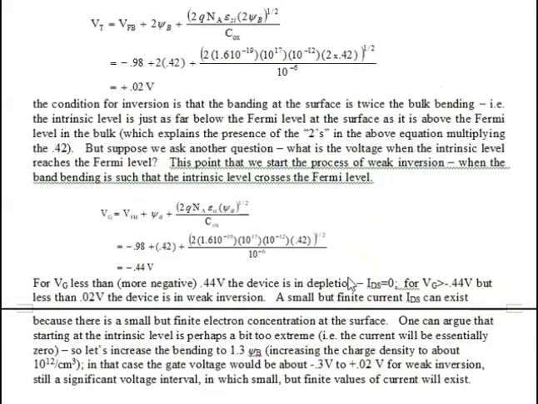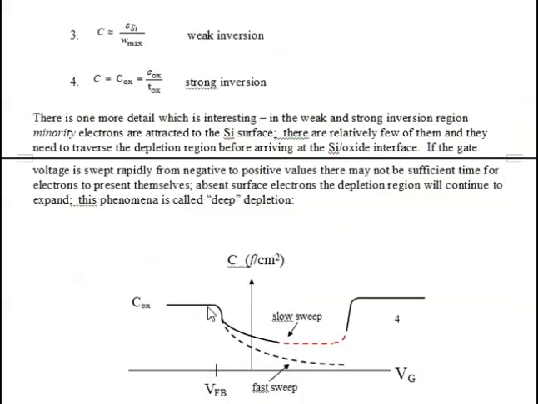Okay. So what it means is for gate voltage less than, or more negative than, minus 0.4 volts, there should be a minus sign here, we're in depletion. For VG greater than minus 0.4 volts, but less than 0.02 volts, we are in weak inversion.